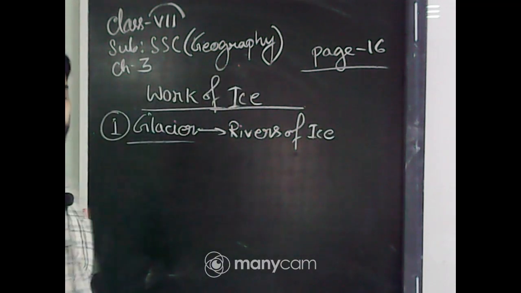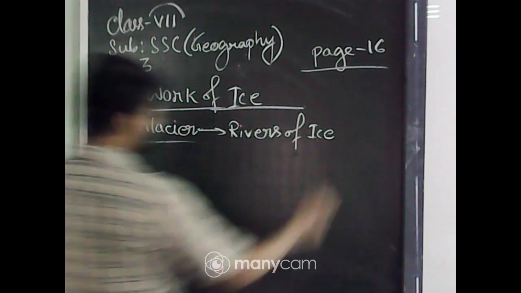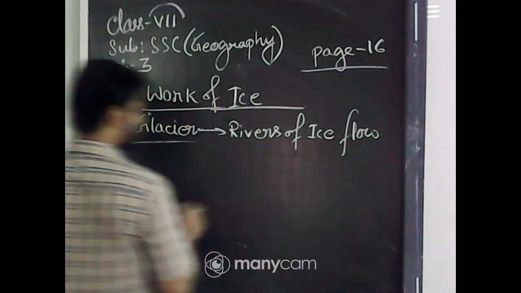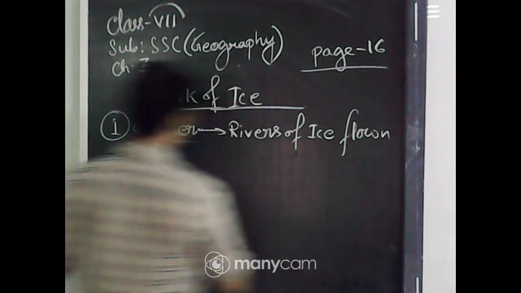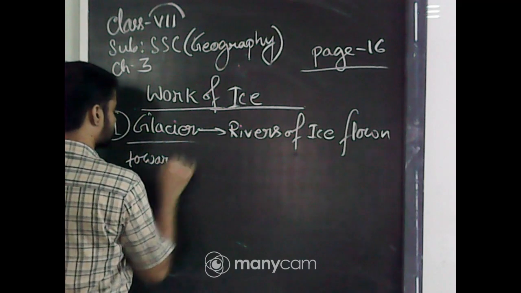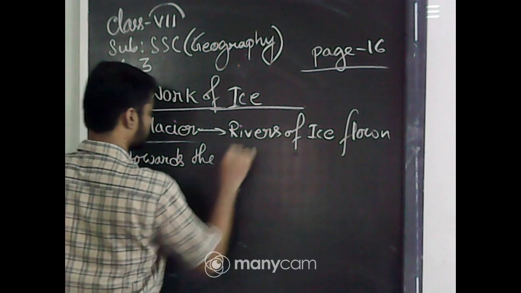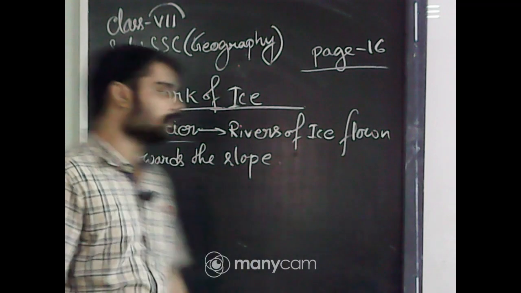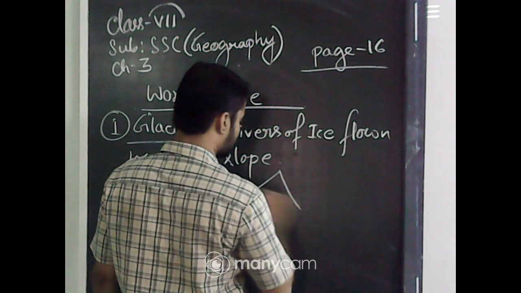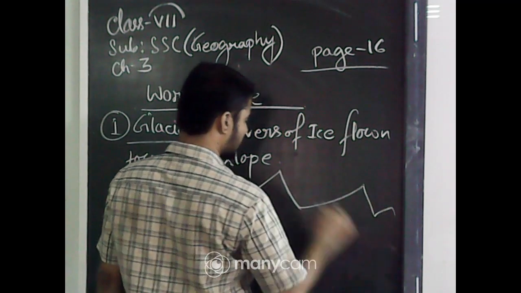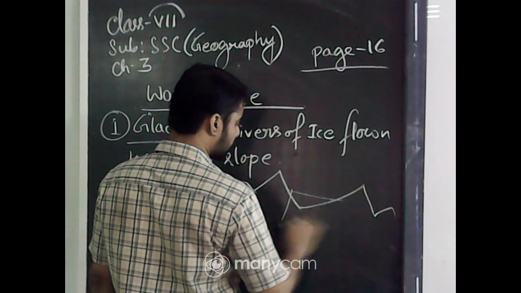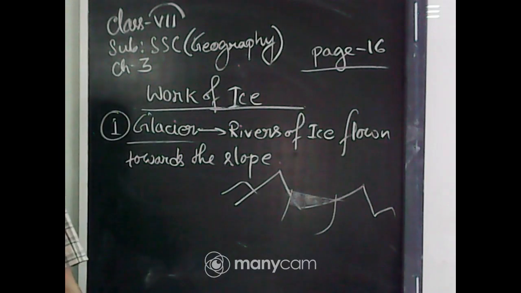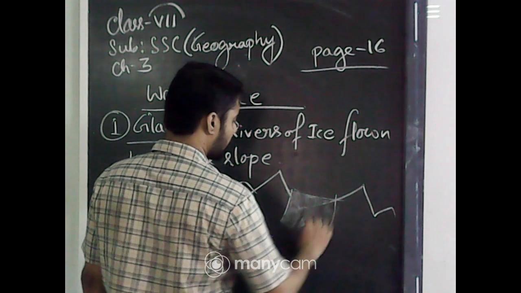Rivers of ice. They flow towards the slope of the mountains, such as these mountains, and between these mountains, in these valleys, the glaciers flow. So, glaciers are the rivers of ice.